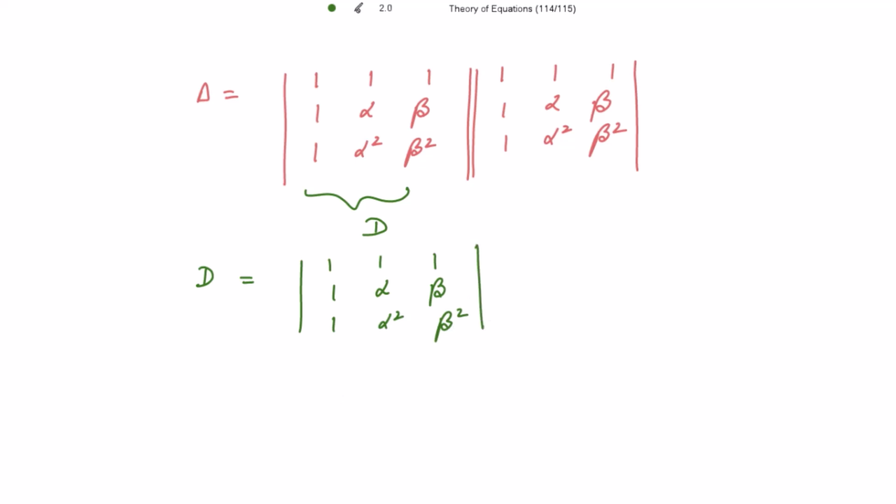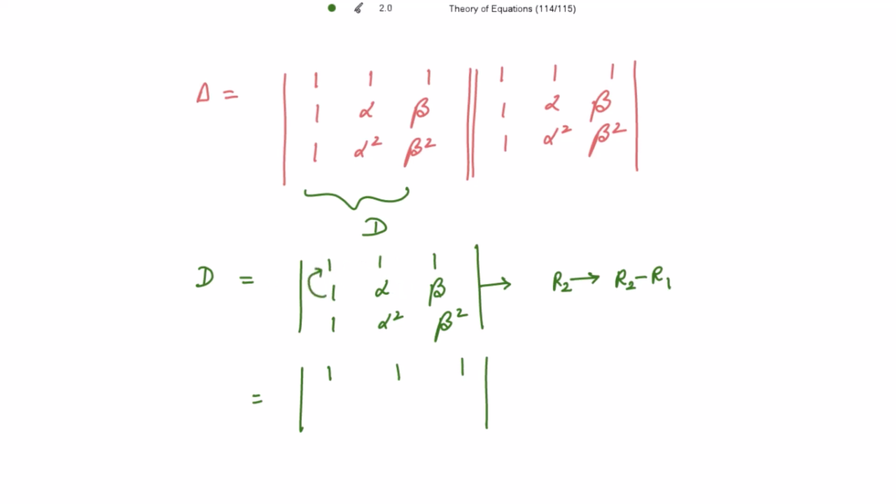Let's apply the row operations on this to simplify these elements. Let's work on row 2. So row 2 is changed by subtracting the elements of row 1 from it. So let me write row 1 as it is and subtract the elements of row 1 from row 2.